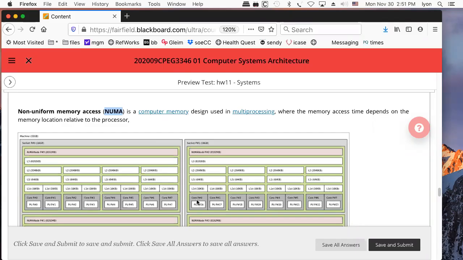So this is an example where the socket has 8 cores in the chip. And here's another socket with 8 cores in the chip. And you might see this on a reasonably high-end desktop computer or regional data center computer. And so memory access time depends on the memory location relative to the processor.